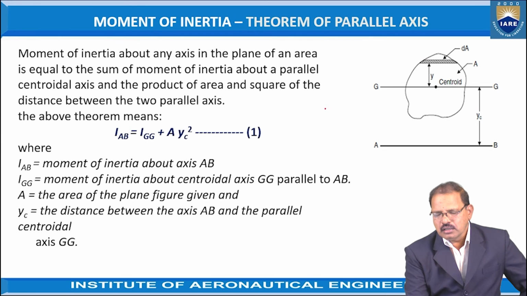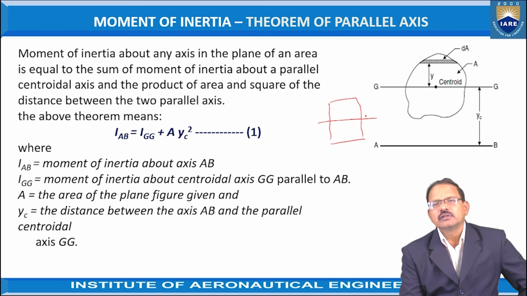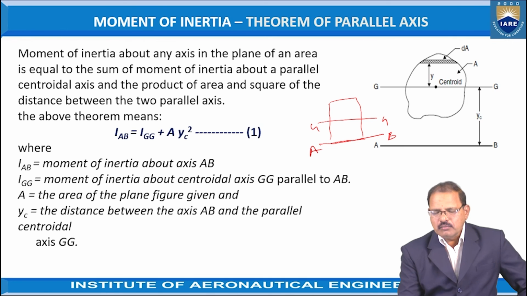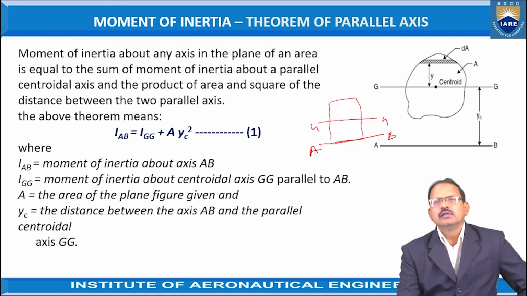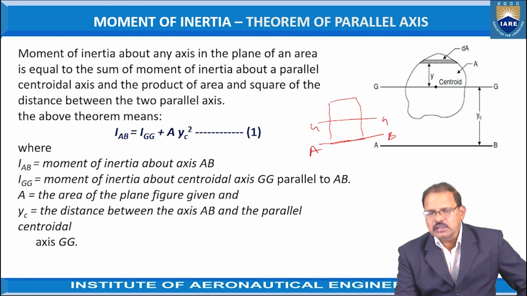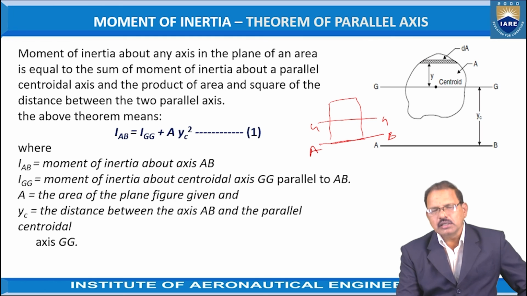In a rectangle, we can determine the moment of inertia about the central axis GG, and later it can be transferred to the line AB, which is passing through the bottom, by using the parallel axis theorem. The important key point is that the line AB as well as GG should be parallel to each other, but GG must be passing through the centroid only.